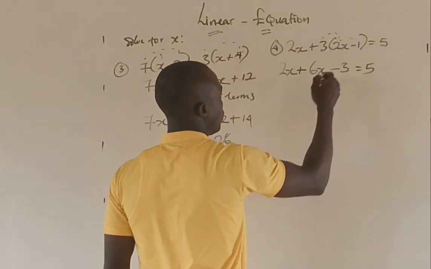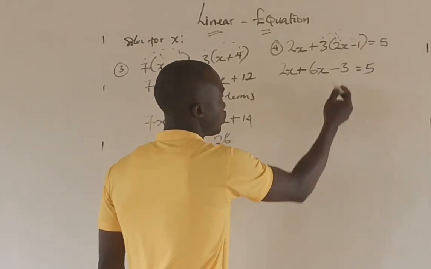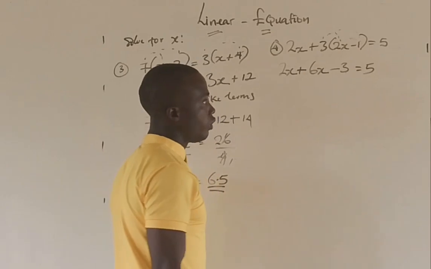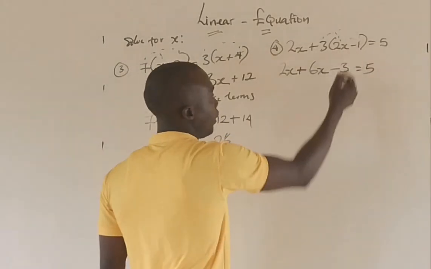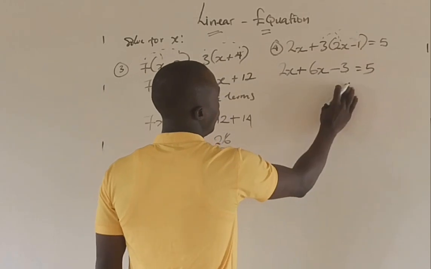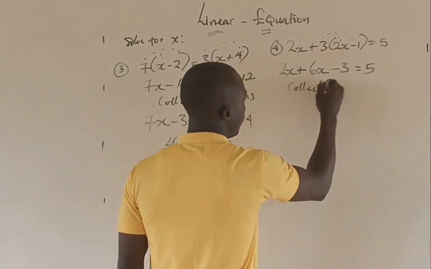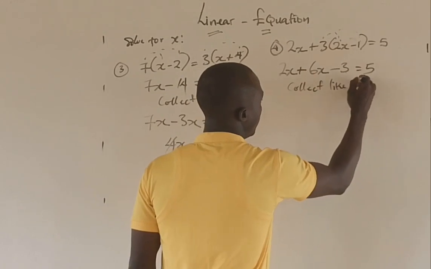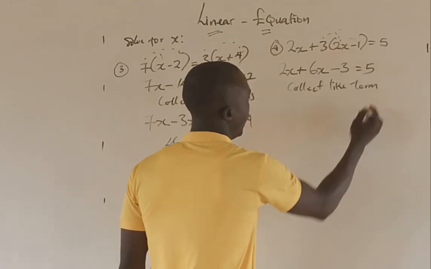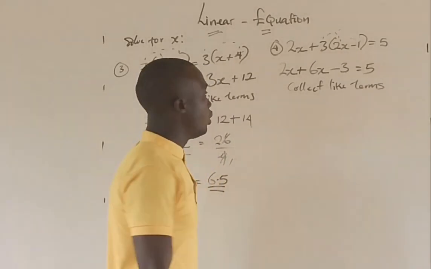3 times 2x will give us 6x. 3 times 1 will give us 3. So plus times minus will give us minus. So definitely we collect like terms. In collecting like terms, minus 3 here will meet his brother over there.